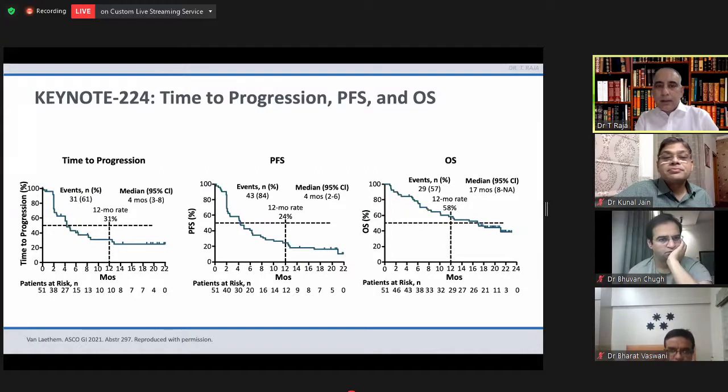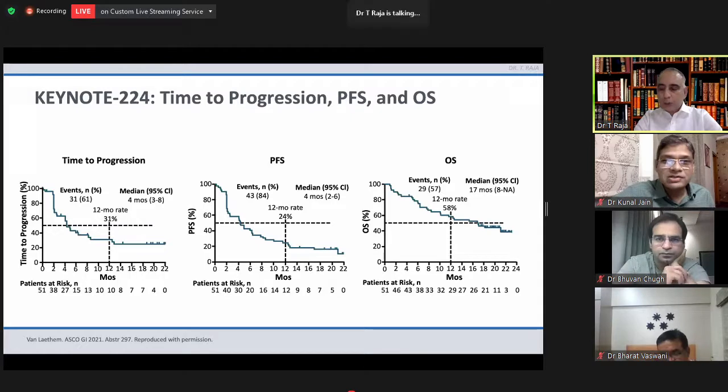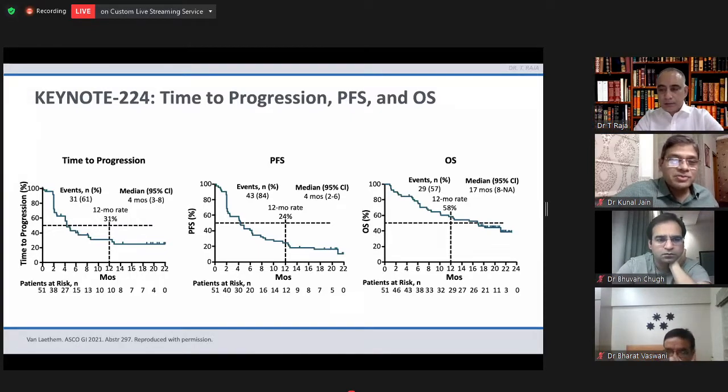And the PFS, time to progression, and the overall survival for pembrolizumab single agent, first line. So, Dr. Kunal, your comments. Dr. Kunal is there with us. Kunal, unmute yourself. You are muted.